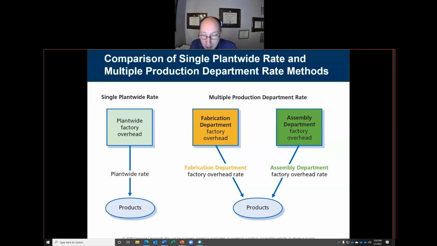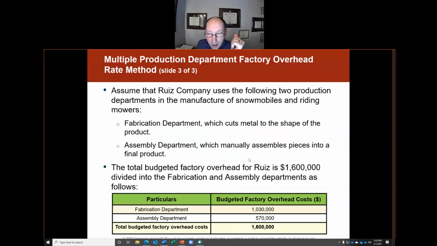Those are the ones putting together the engines and putting it onto the body of the frame and all that fun stuff. And those two departments are responsible for creating the products. And so in the multiple production department rate, each department has its own rate for overhead. That's the idea behind this.